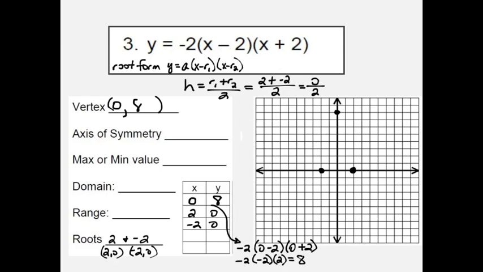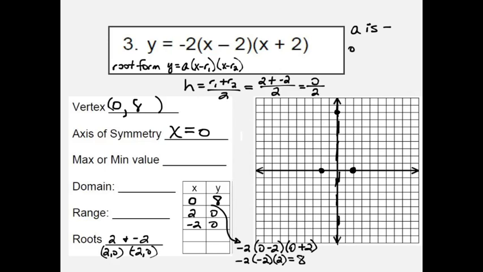So the axis of symmetry then is x equals 0, which turns out to be, in this case, the y-axis. So it's not going to show up very much when I mark my dashed line there. Now, does this have a minimum or a maximum? Let's look at our number in front of everything. We have a negative 2. So in this case, a is negative.